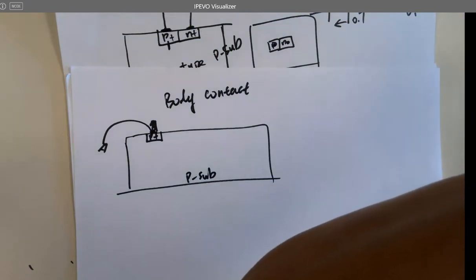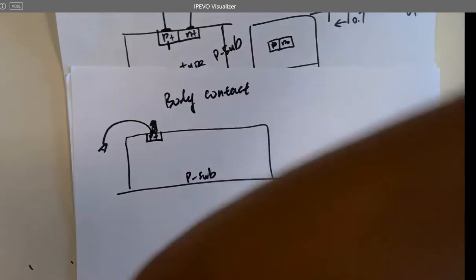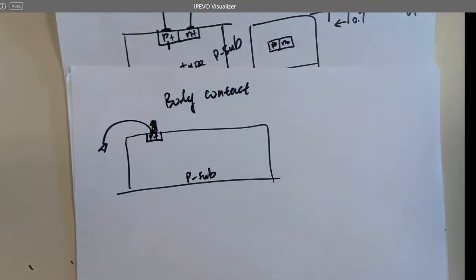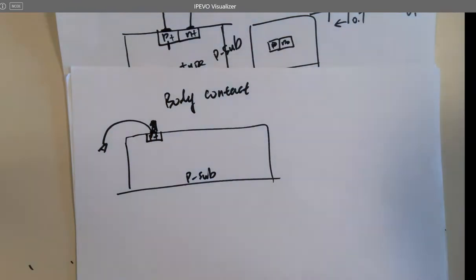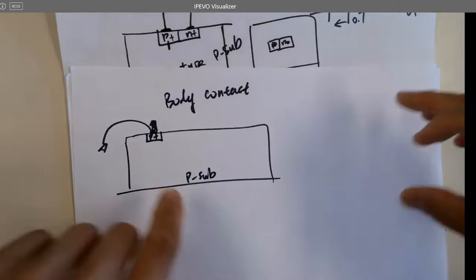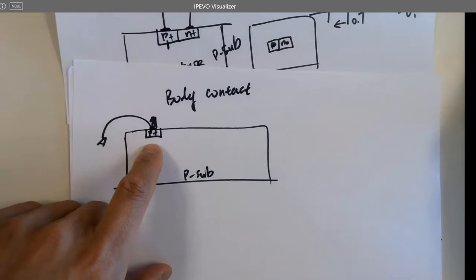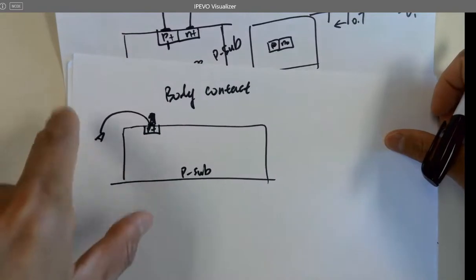My question is whether they have to use a conductive epoxy. We did some testing and eventually figured out the epoxy is not conductive, and they don't have to use the bottom to short it to ground anymore. So it's not being shorted that way. The only way, and we just proved that theory, is that you ground the P sub by using the P plus through the wire bonding to the circuit.